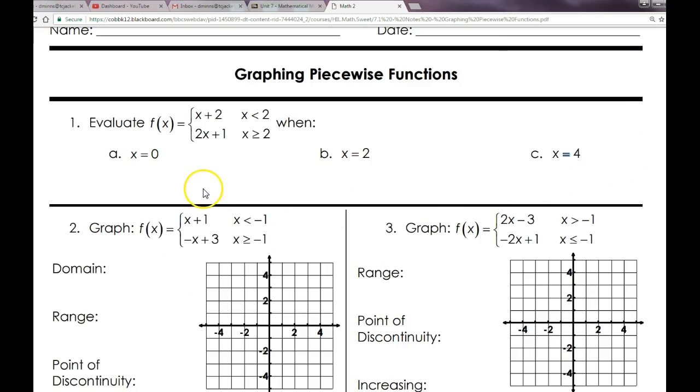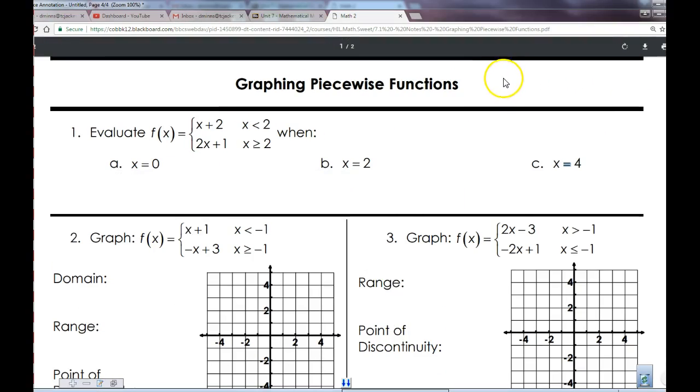All right, problem number one, A, B, and C. What we have here is a piecewise function. You're used to seeing things that look like y equals 2x plus 7, or y equals x squared minus 5. Well, those aren't piecewise, those are continuous, so it only takes one piece for each of them.